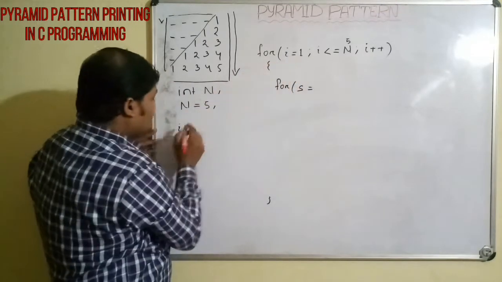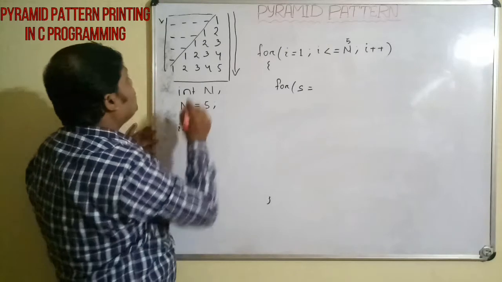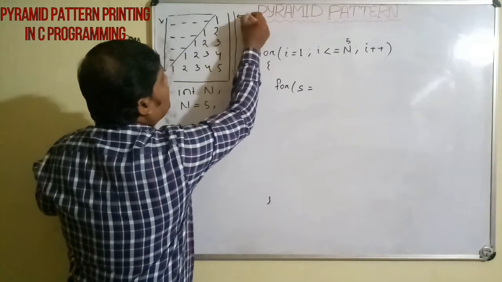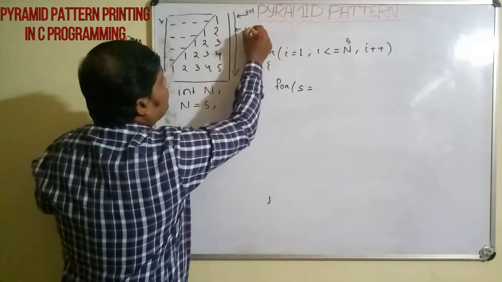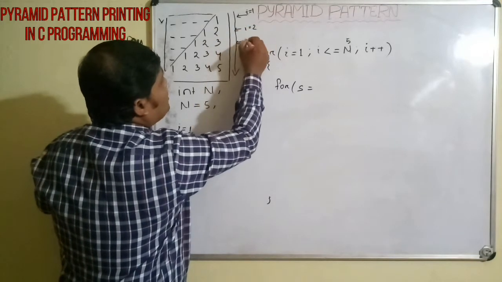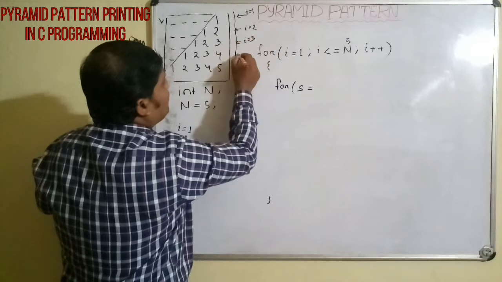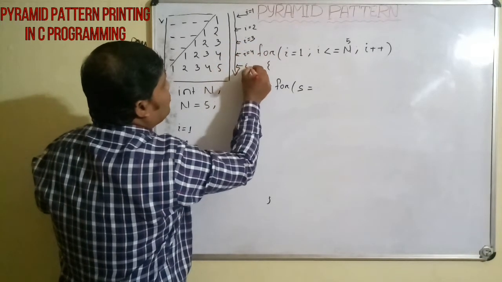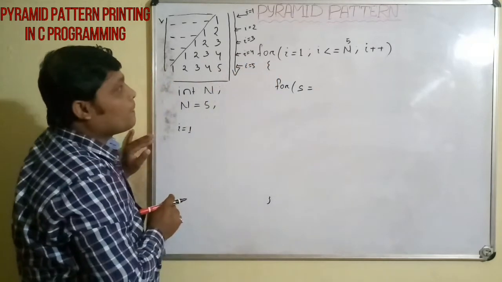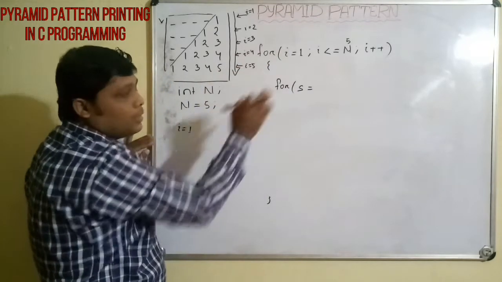First time I value is 1. So for I equal to 1, this is line number 1. Here I equal to 2, for this line I equal to 3, for this line I equal to 4, for this line I equal to 5. You can see, because 5 times this loop will continue.